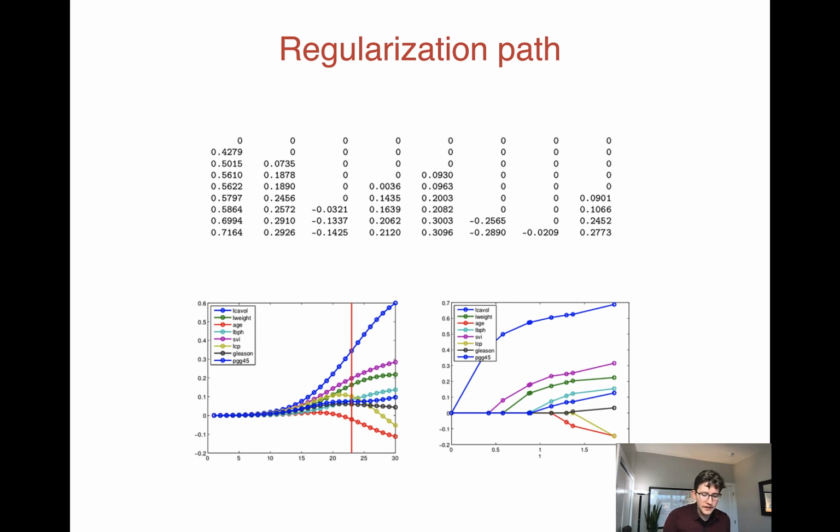So to understand this, let's first look at the L2 regularization case. That's what I'm showing here. I have the regularization weight on the horizontal axis, and this plot is structured with strong regularization on the left side, weak regularization on the right side.